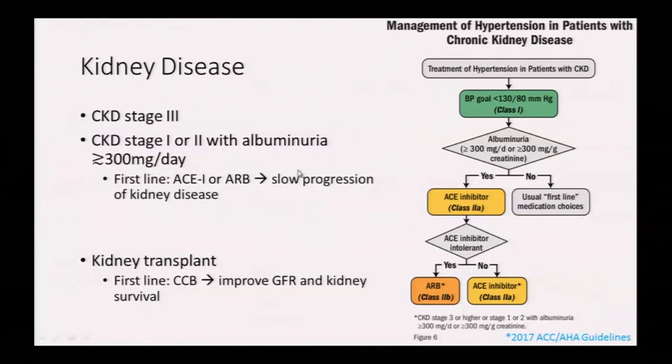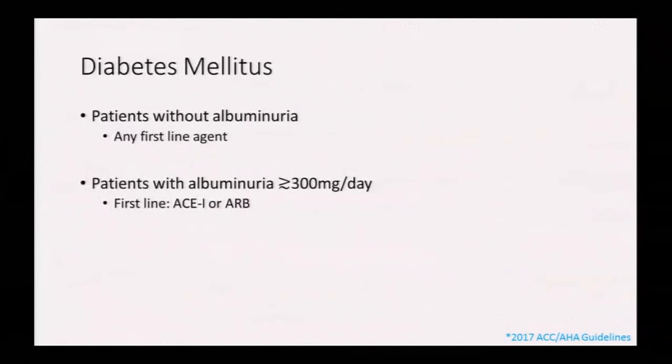If your patient has a kidney transplant, the recommended first-line agent per the ACC guidelines is calcium channel blocker, and that's because it improves GFR and kidney survival. So probably try to avoid ACE or ARB in those subset of patients.